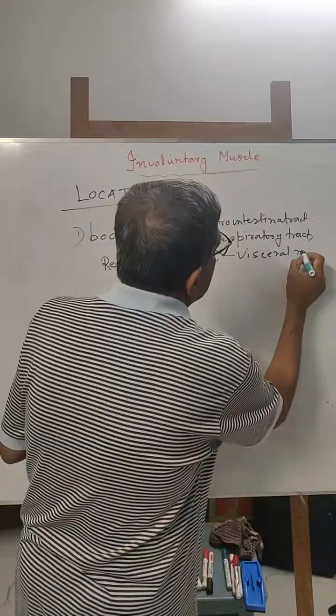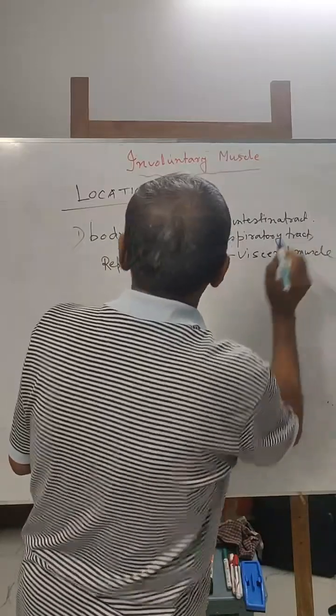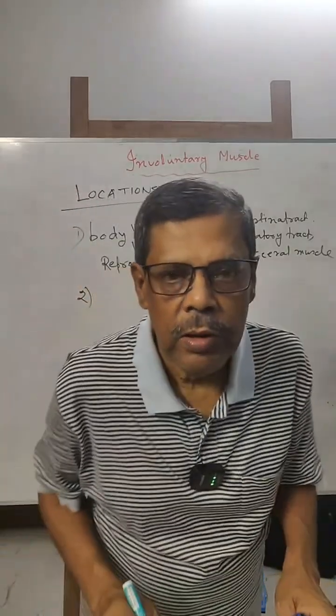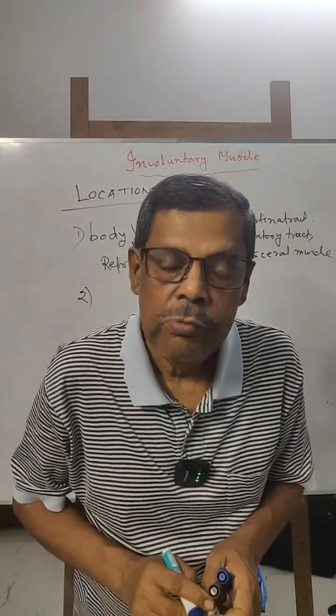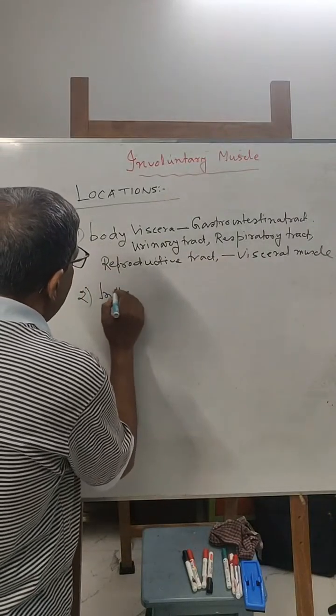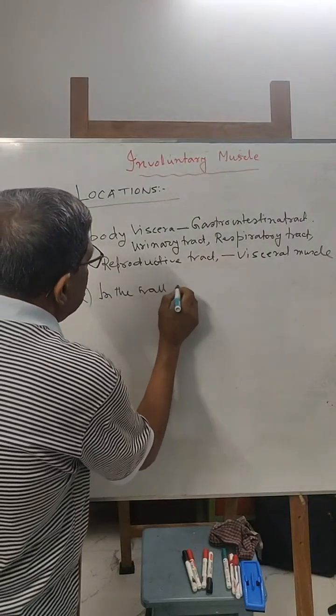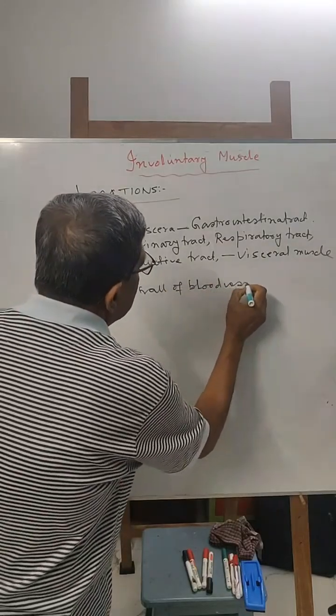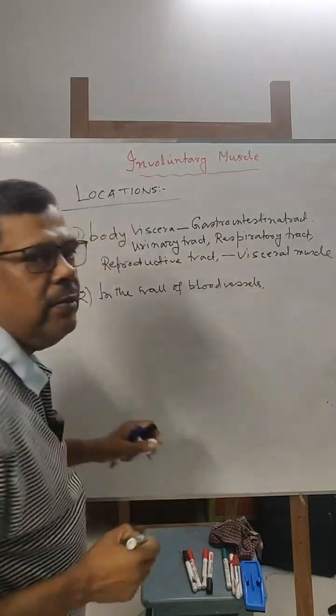Number 2: it is found in the wall of blood vessels.